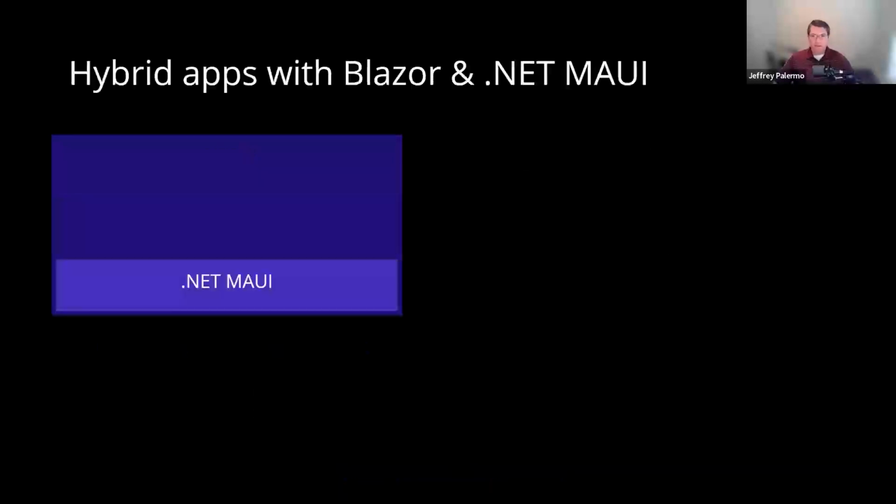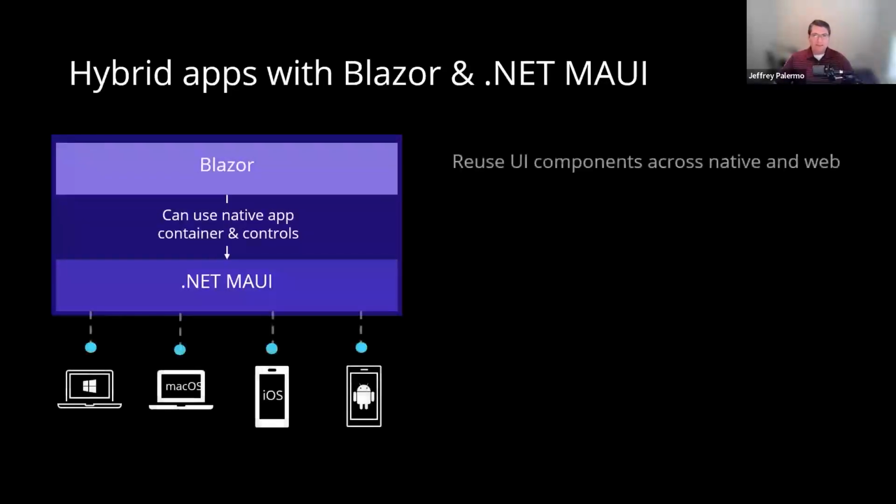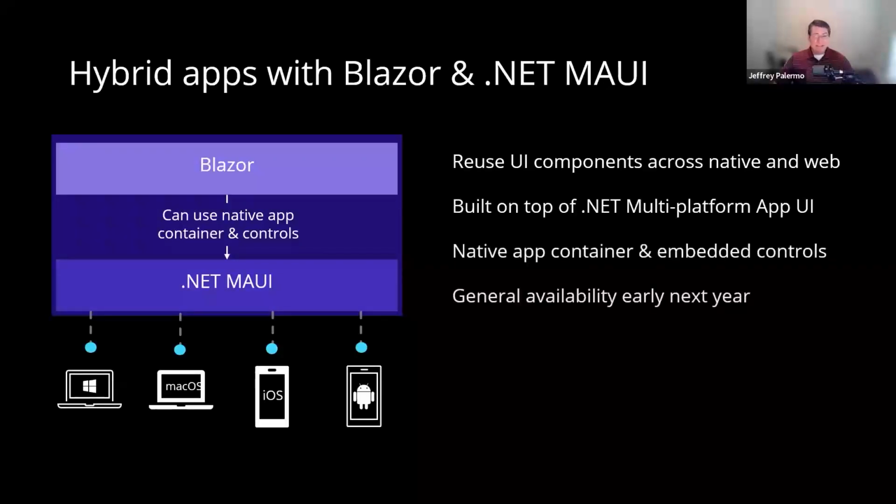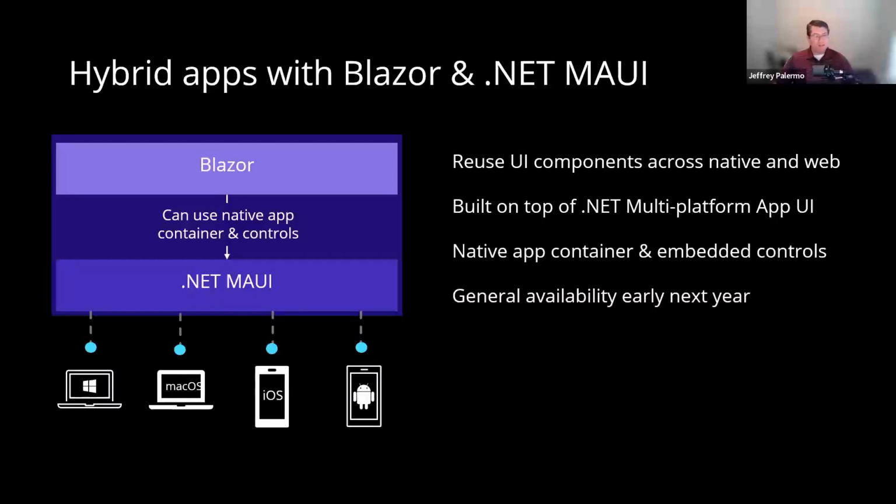All right, now I'm going to blow your mind a little bit more with the next one, and that is Blazor can kind of be the user interface framework in all these different types of applications. So now if your team is already really great at HTML and CSS, and you're thinking, oh shoot, do I need to make them Xamarin developers to be able to do all this stuff, or your application can be HTML and CSS, use all the Blazor controls, and yet run natively and be deployed to all of these places.